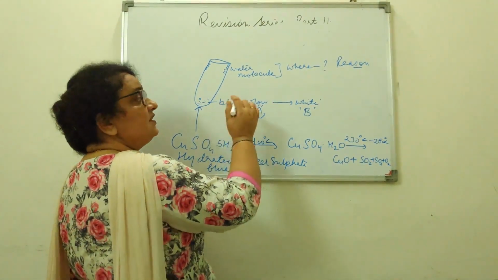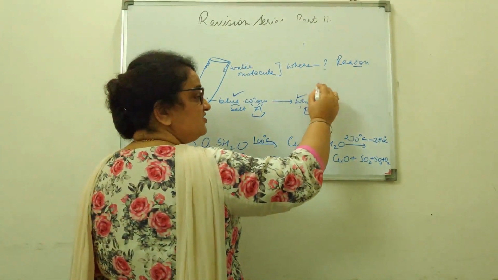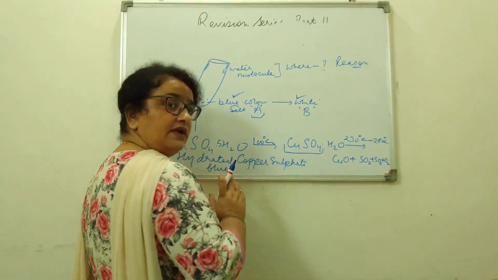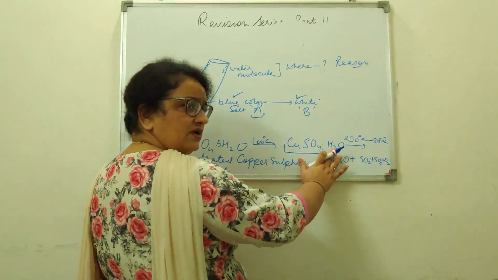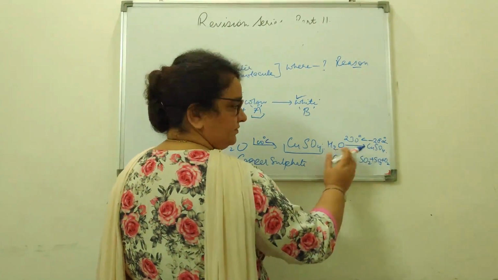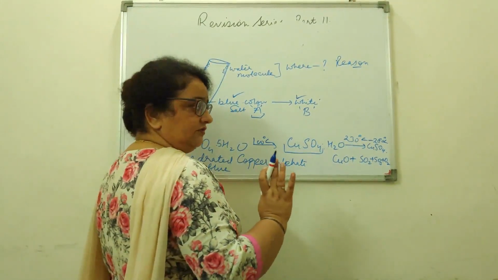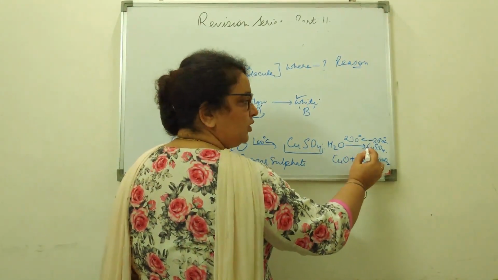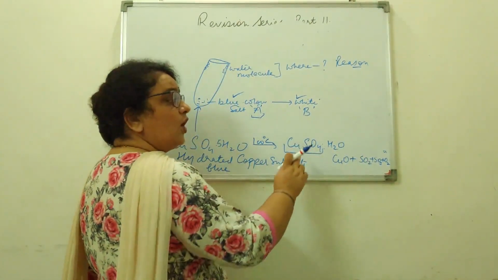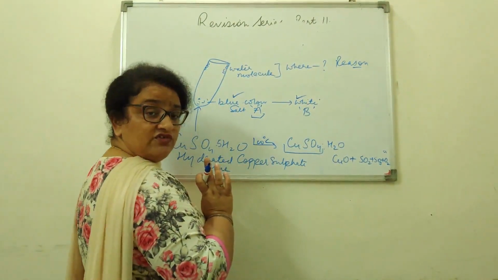The main thing is this: the blue color salt changes to white, it is copper sulfate, right? It is slightly bluish in color, but one step counts, that is, it is copper sulfate. First we get copper sulfate here. I'll repeat it: copper sulfate, slightly bluish in color.